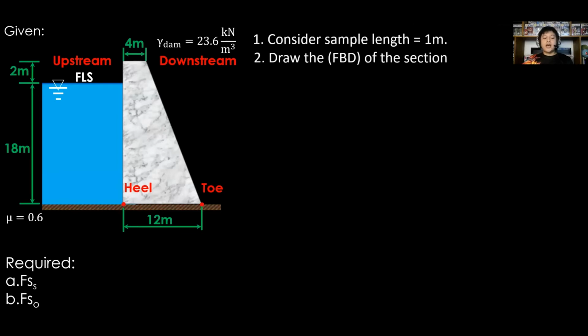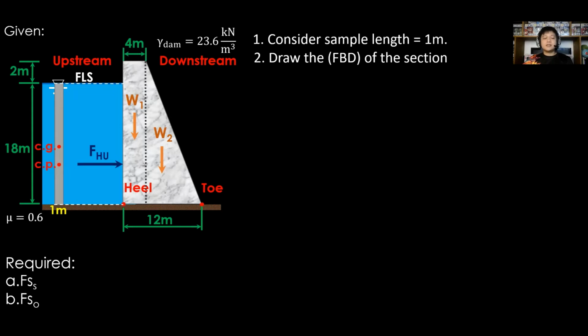Next, draw the FBD, or free body diagram, of the section. Divide the dam into simpler shapes and assign the weights, W1 and W2. For hydrostatic force, consider the projected surface for the value of FHU. Note that we consider only the submerged face of the dam surface.